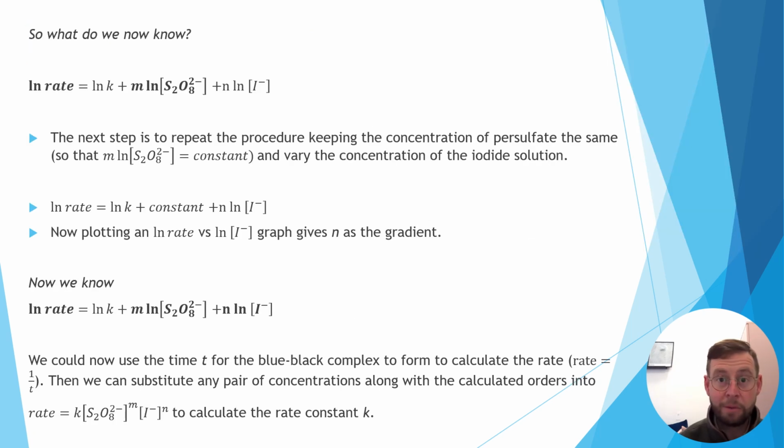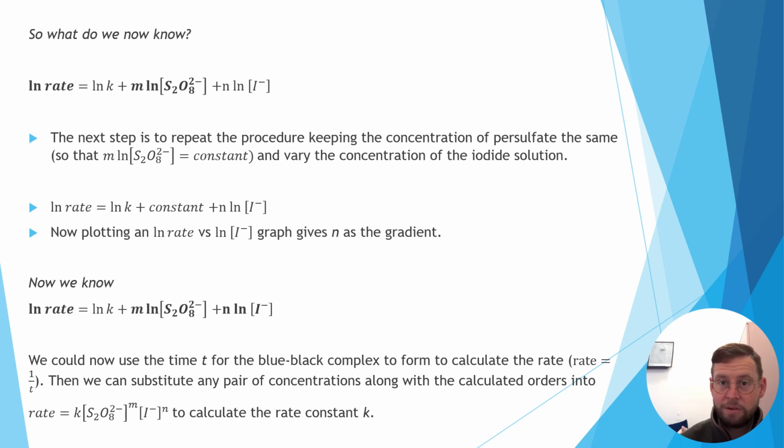Well, we know a little bit more, but we don't know everything. For example, what we do know is how the rate of reaction depends upon the concentration of the persulfate. We also know the order of that reaction, m. But what we know nothing about right now is how the rate of reaction depends upon the concentration of the iodide.